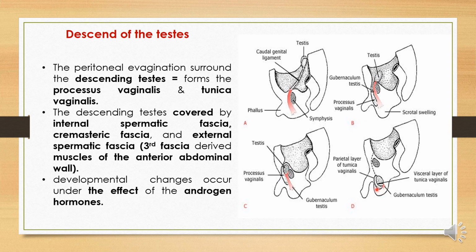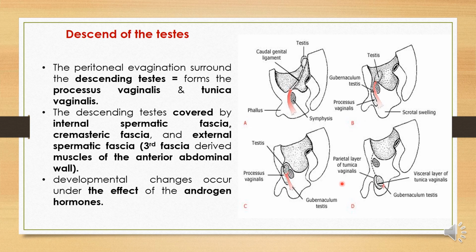Okay, the peritoneal evaginations surround the descending testes, forming the processus vaginalis and tunica vaginalis. Also, these descending testes are covered by the internal spermatic fascia, the cremasteric fascia, and the external spermatic fascia.